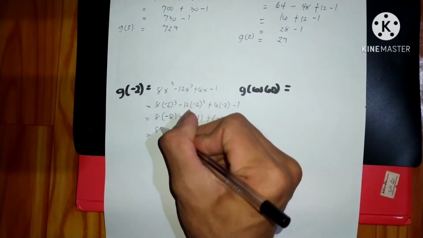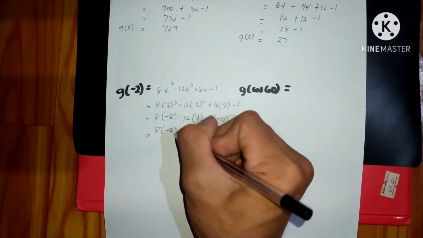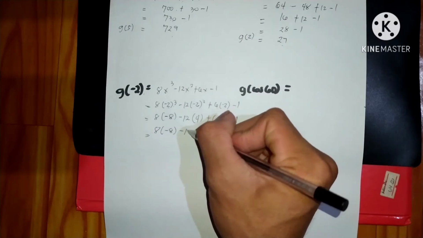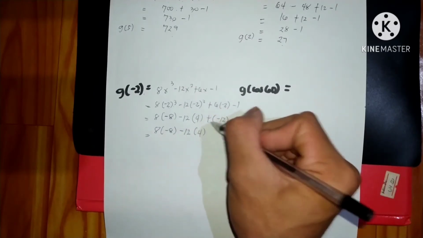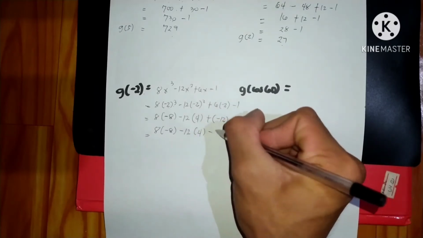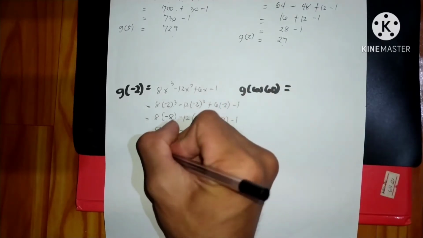So, 8 times negative 8 minus 12 times 4. So, positive times negative 12 is equals to negative 12 minus 1.